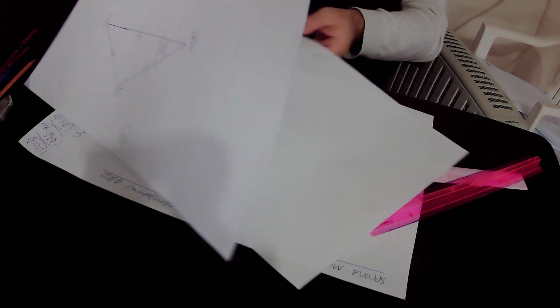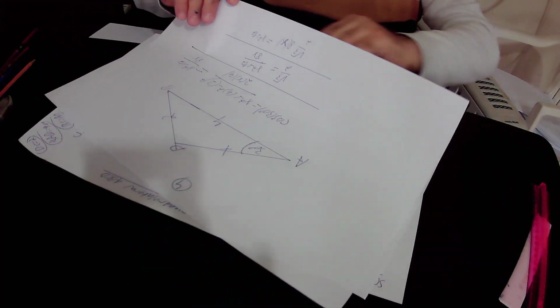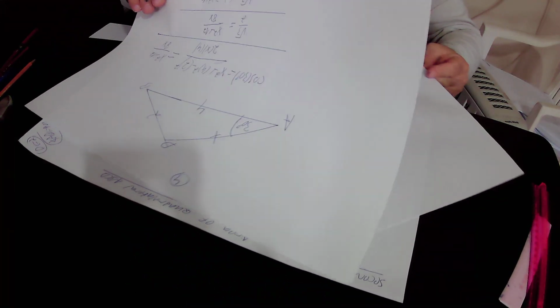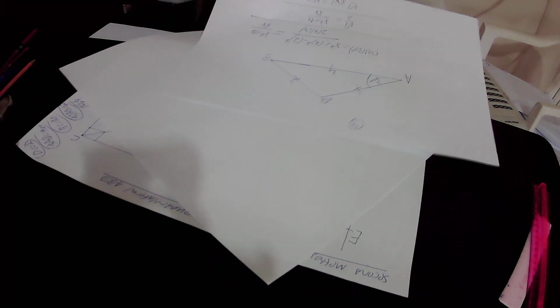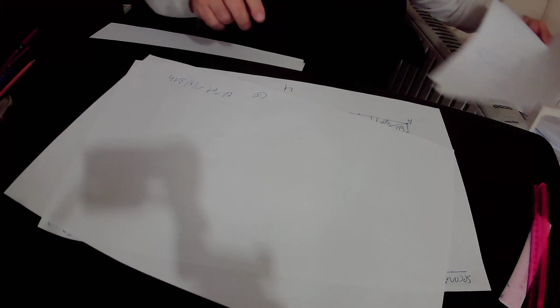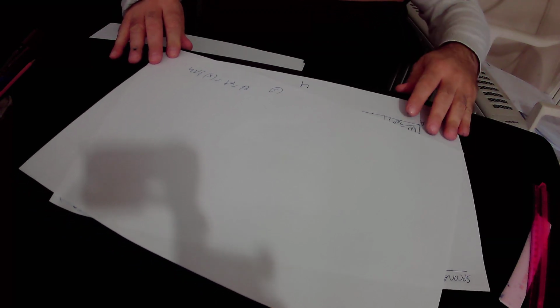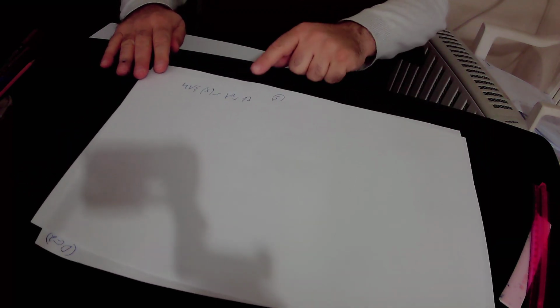I'll repeat again. We got that 4 times square root of 3x equals x squared plus 12.